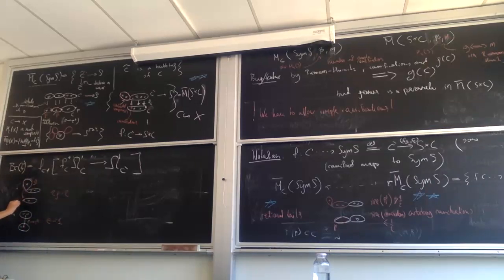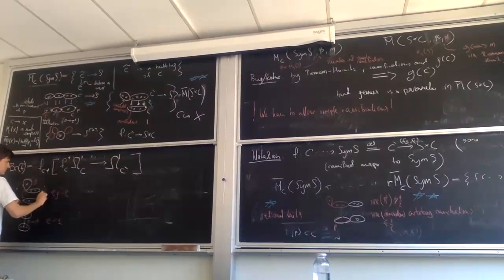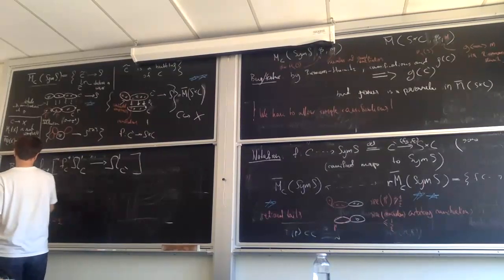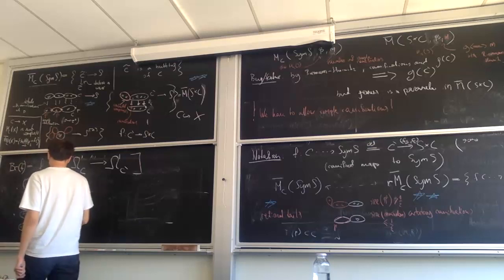So what I'm saying is that you have a point, call it point B, and call this point B prime. If you restrict your branching divisor to the point B to which you contracted the component, it will be of degree 2g minus 2.